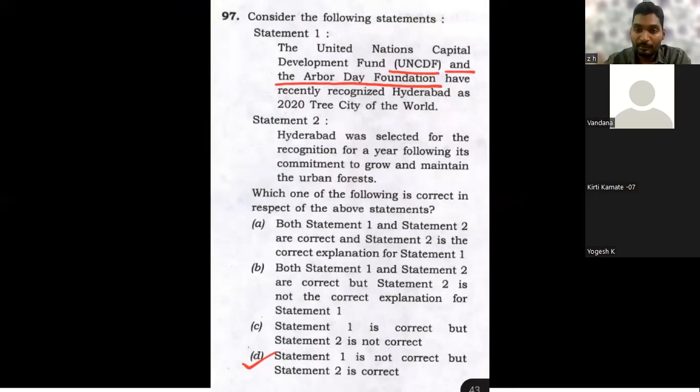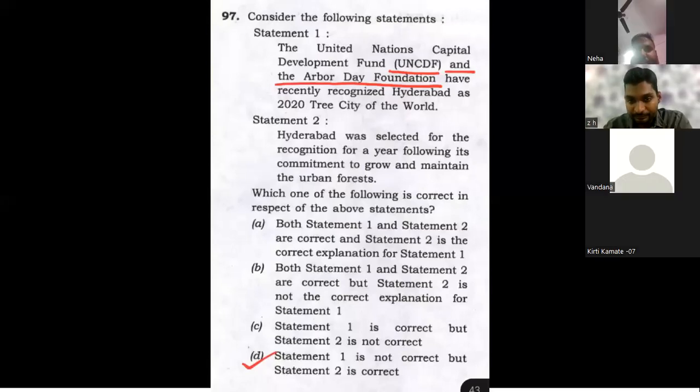Again, remembering the original rule, if two organizations are leading a task, or promoting something together, that statement is more likely to be incorrect. And if you mark statement 1 as incorrect, you have only one option, D. That is statement 1 is not correct, but statement 2 is correct, and you get the correct answer.